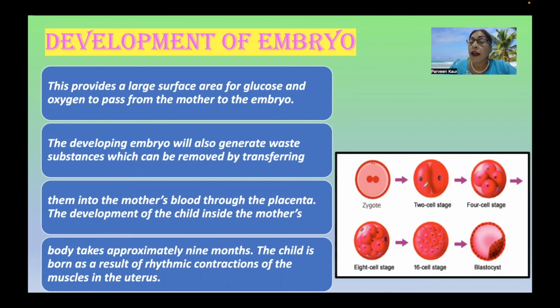Then the zygote divides into a 2-cell structure, then it forms 4-cell, 8-cell, 16-cell, and after that it forms the blastocyst. This blastocyst continues growing and developing, and ultimately forms the mature fetus, which is after approximately 9 months. During the rhythmic contraction and relaxation, after that it is released from the body.